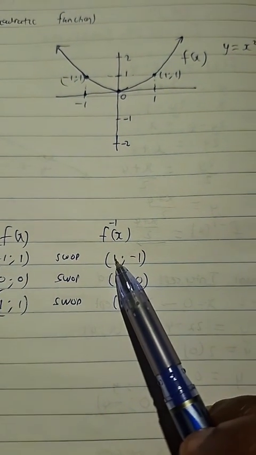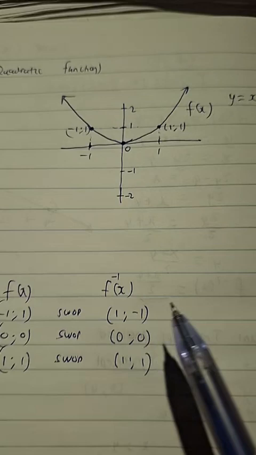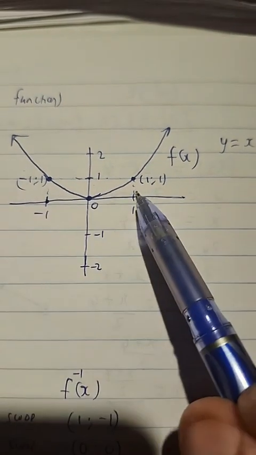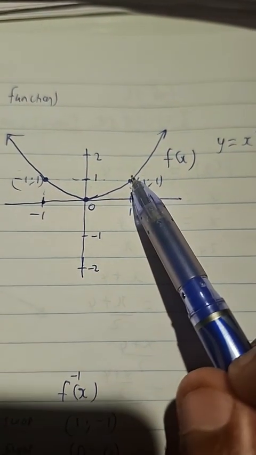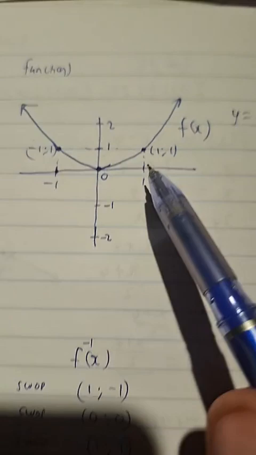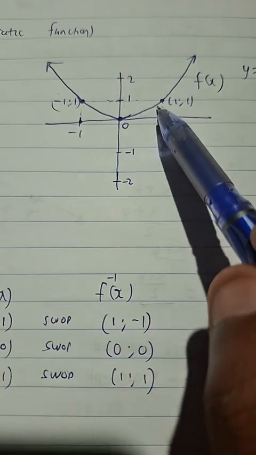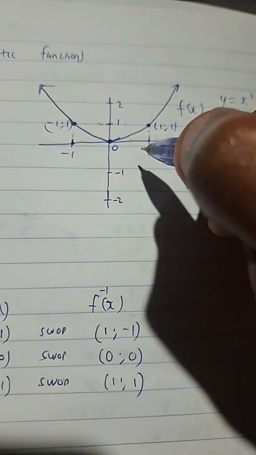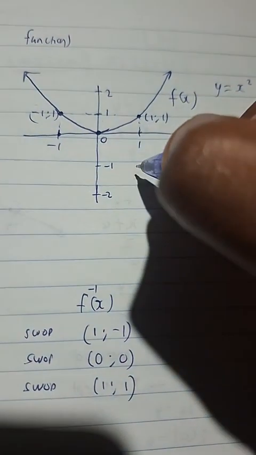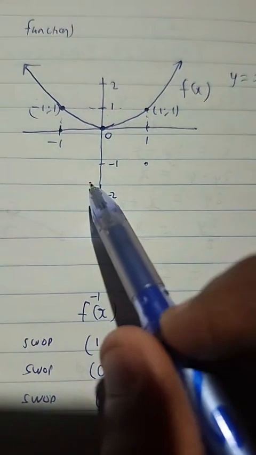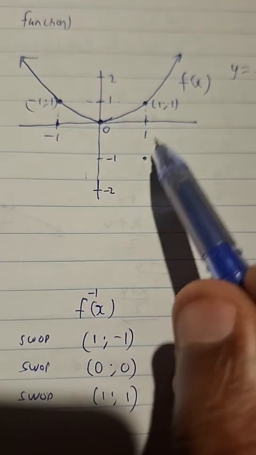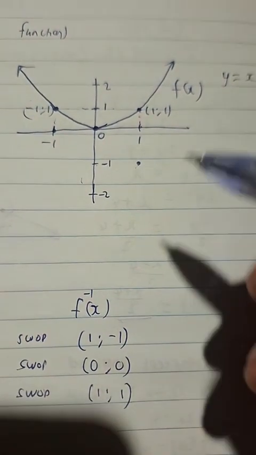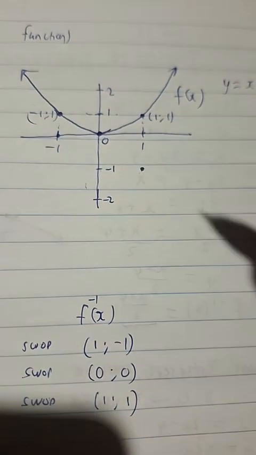So where x is 1, y is negative 1. This is the point. Okay?